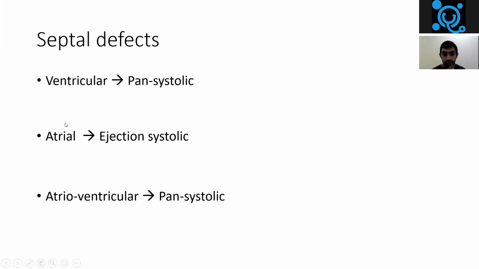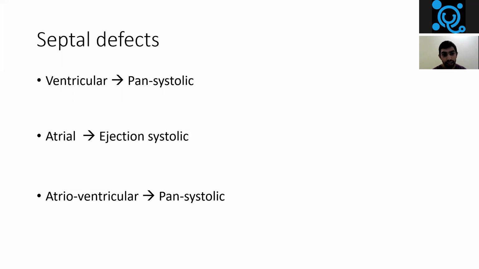Now, the atrial septal defect murmur doesn't actually occur due to blood flow going through the atrial septal defect. It actually is a flow murmur that goes through the pulmonary valve.